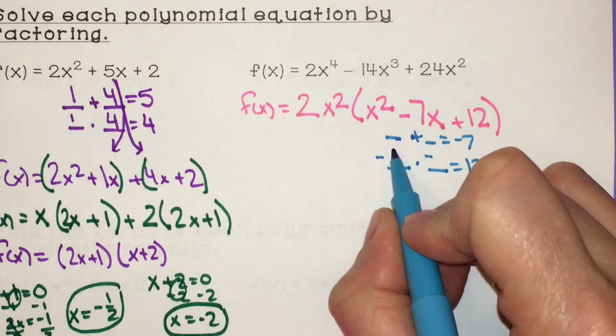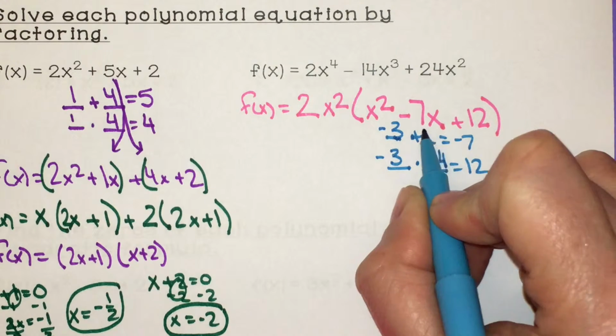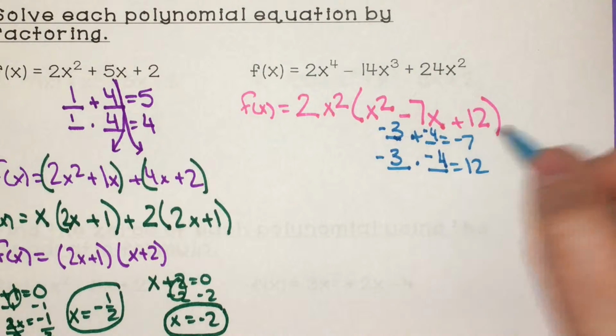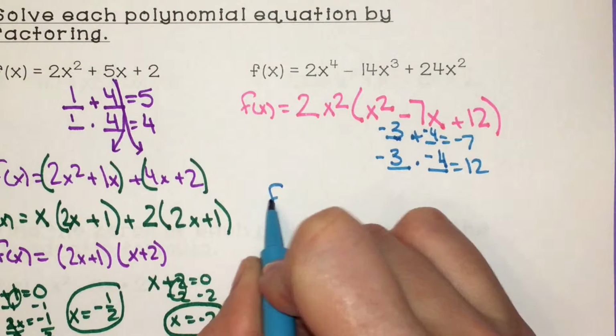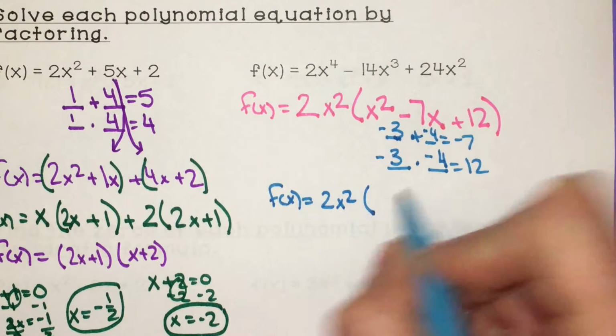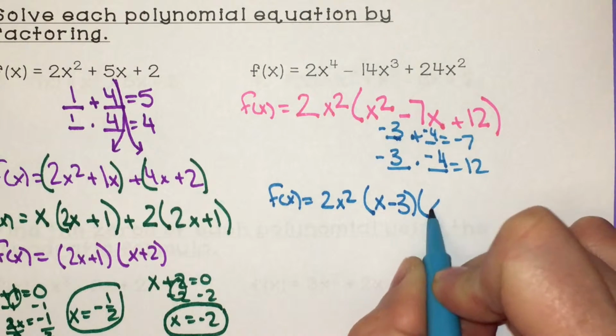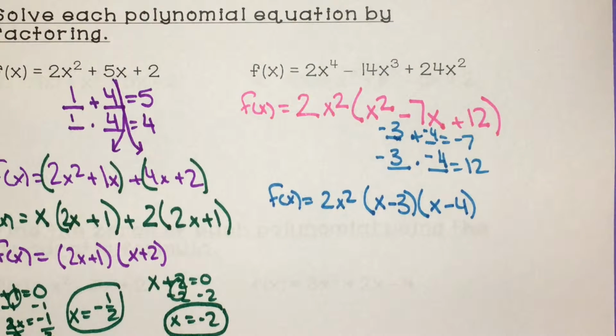I know negative 3 times negative 4 is 12. Negative 3 plus negative 4 is negative 7. So we have f of x equals 2x squared times x minus 3 times x minus 4.